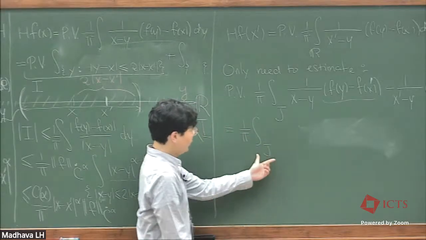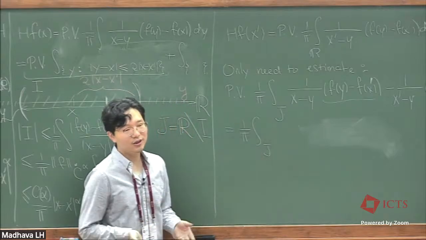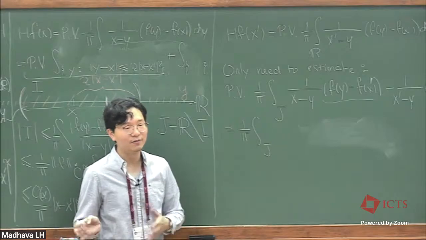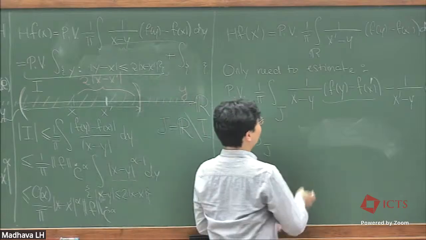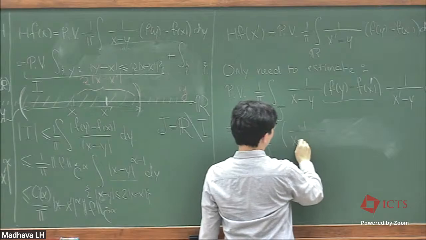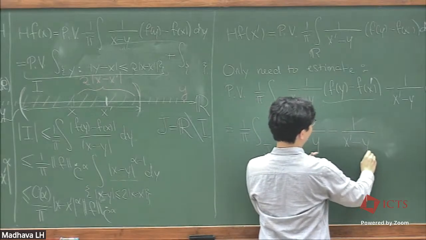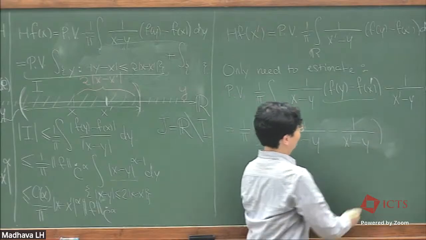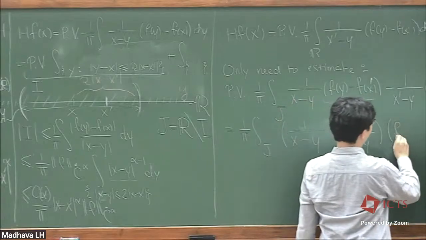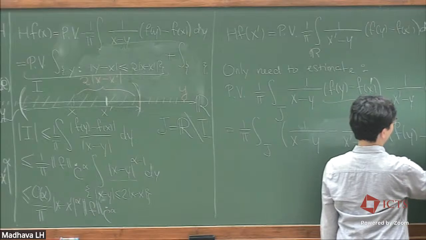So in this huge region, you cannot close an estimate unless you write it as a product of differences. You need to gain decay from extra decay of the derivative of the kernel, and you have to use again the Hölder continuity of our function.